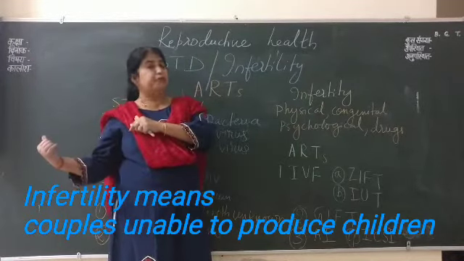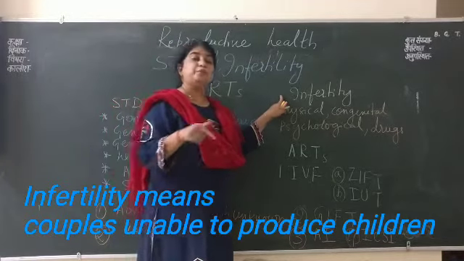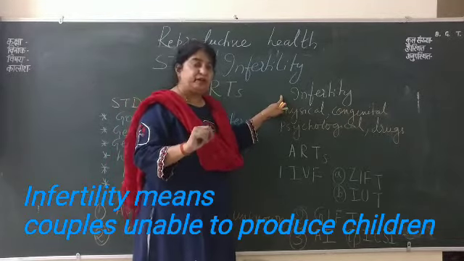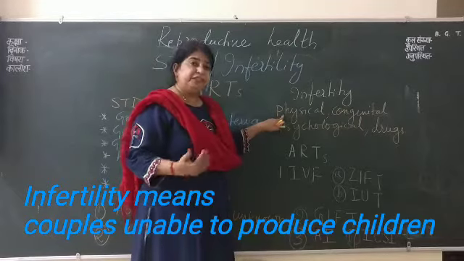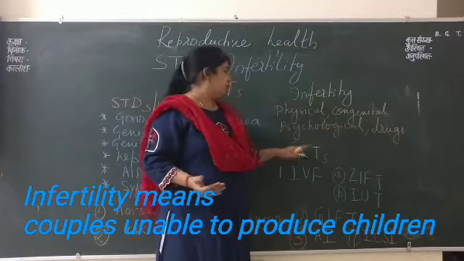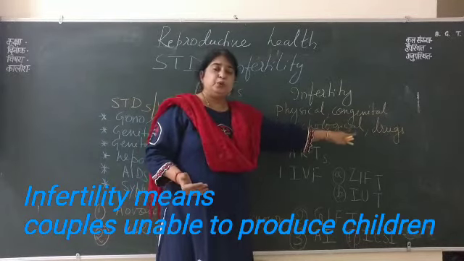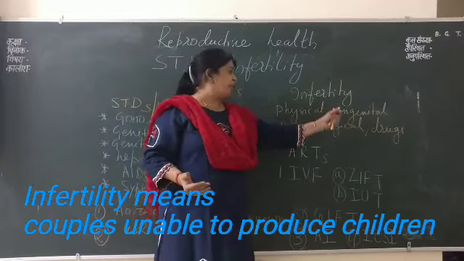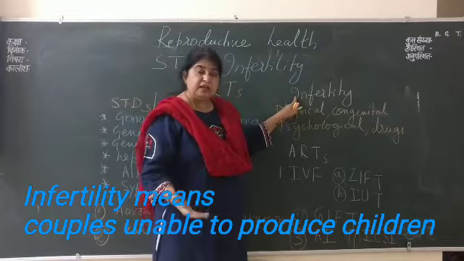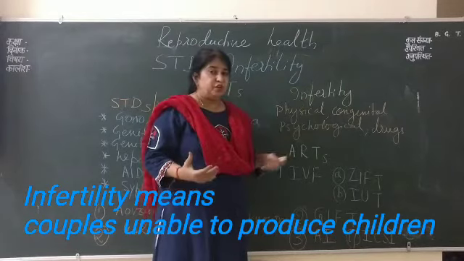On one side, if overpopulation is a problem, then infertility is also a problem, where a couple is unable to produce children due to maybe physical unfitness or congenital disorder or diseases, or because of psychological stress or due to drugs. So all these are factors which are leading to infertility, a condition where a couple is not able to produce children.